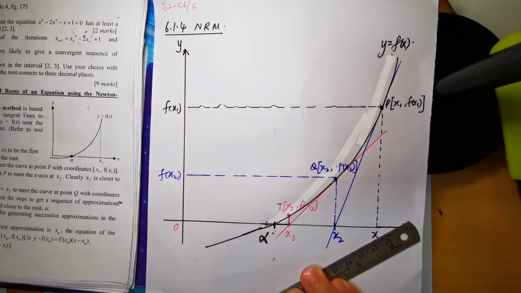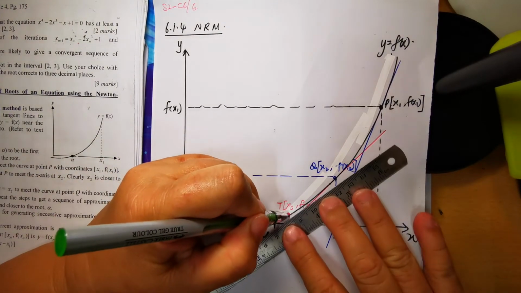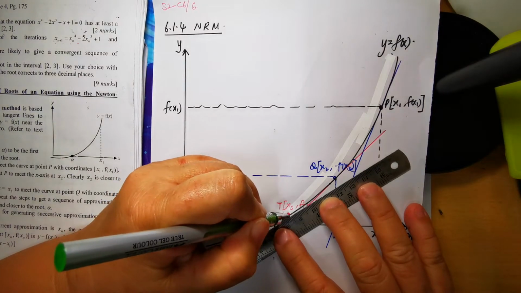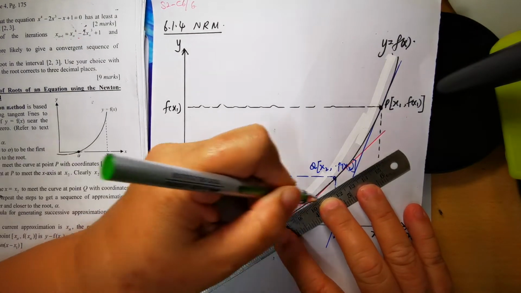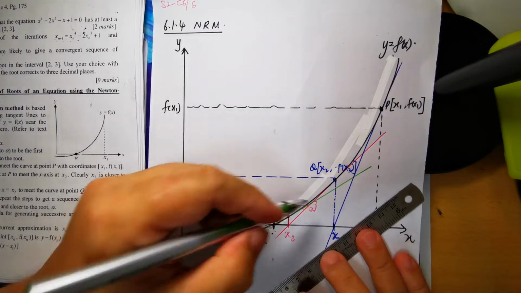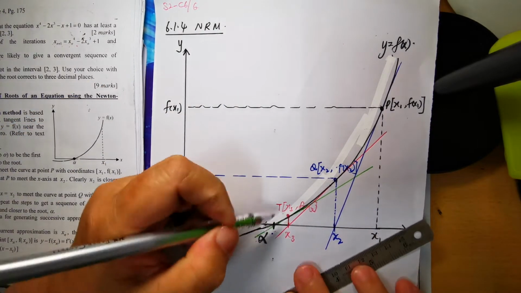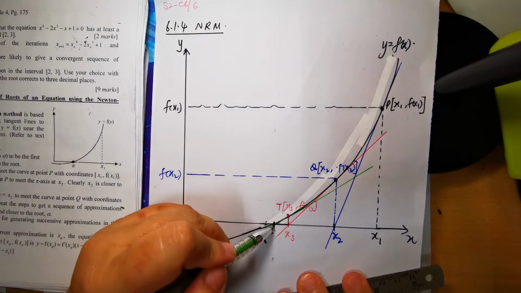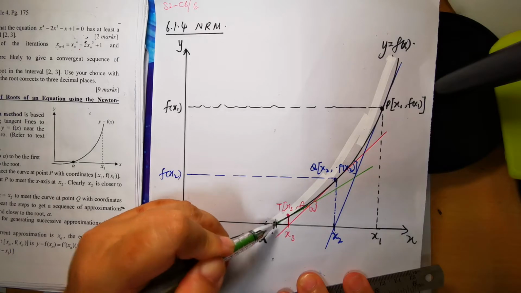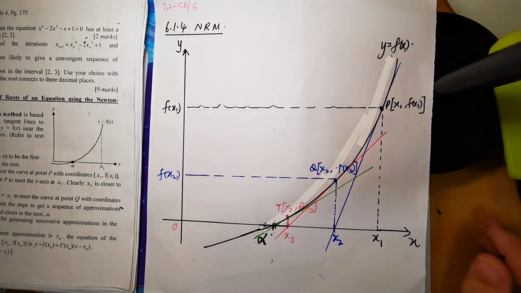Then at this point, we draw the tangent at point T. You see this tangent at point T cuts the x-axis here, which is even closer to the actual root. This is the concept that we are going to use.